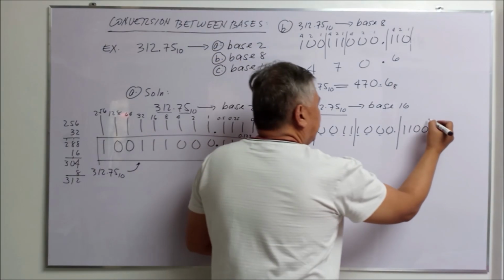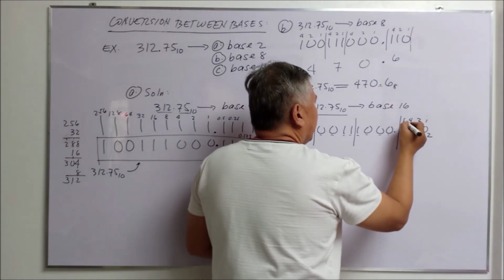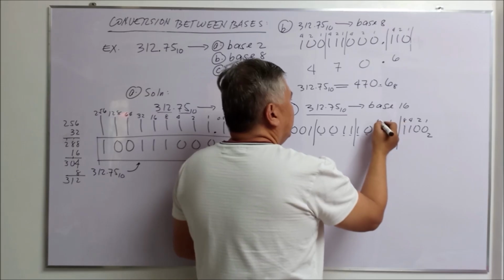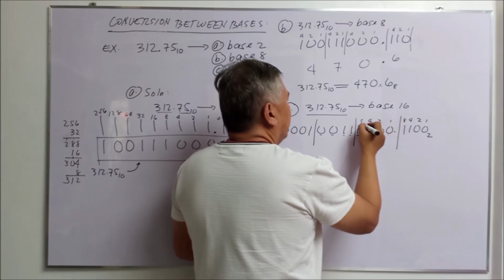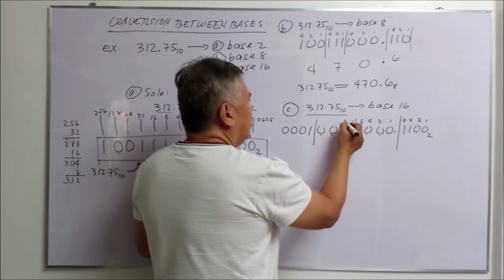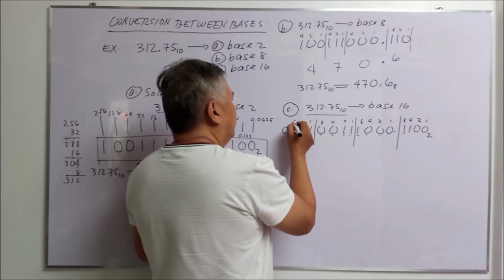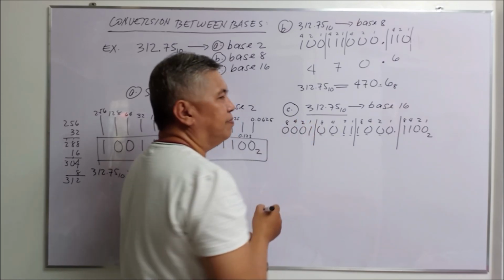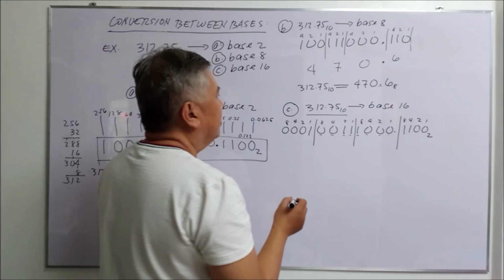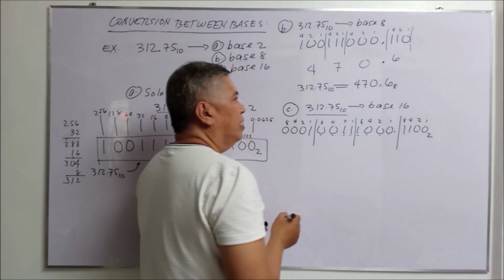Okay, so this one here is 1, 2, 4, 8. The same counting. Then, you get the value. 8 plus 4 is 12.